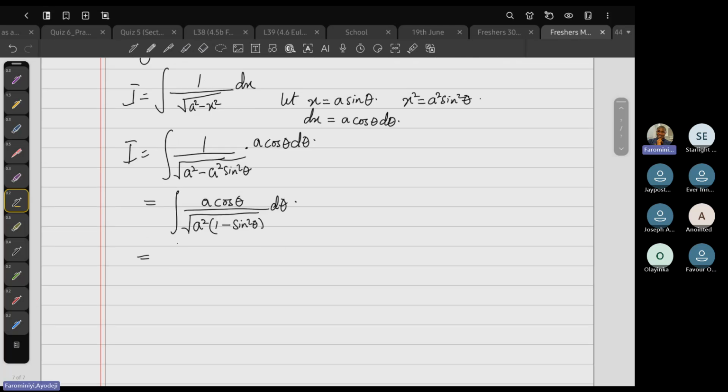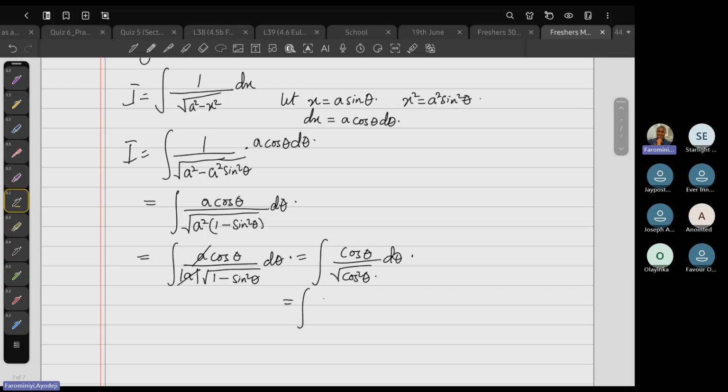And this is equal to integral of a cos theta over absolute value of a square root of 1 minus sine square theta d theta. So in this case, we are treating the positive values of a. So this will just cancel out. And it is integral of cos theta over square root of cos square theta d theta.